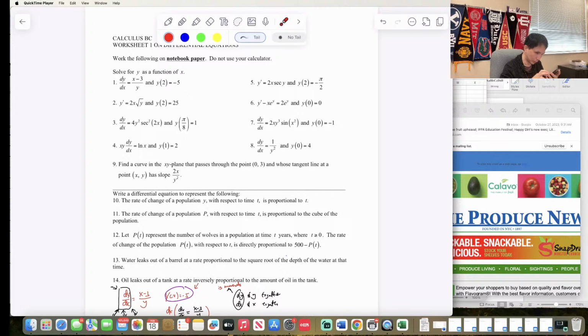Oh, yes, sure. Okay, now let me try that. That equals 2x, 2x squared. Oh, so then it would divide.